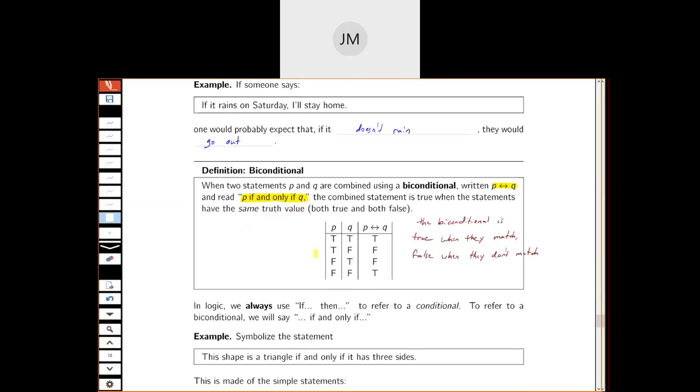So in logic, we're always going to use if-then to refer to a conditional, and to refer to a biconditional, we're going to say if and only if. Remember we had a list of other words that meant the same as the conjunction and. We're not going to do that here. Conditional and biconditional statements are confusing enough, we don't want to look at any other way that we might mean the same thing.